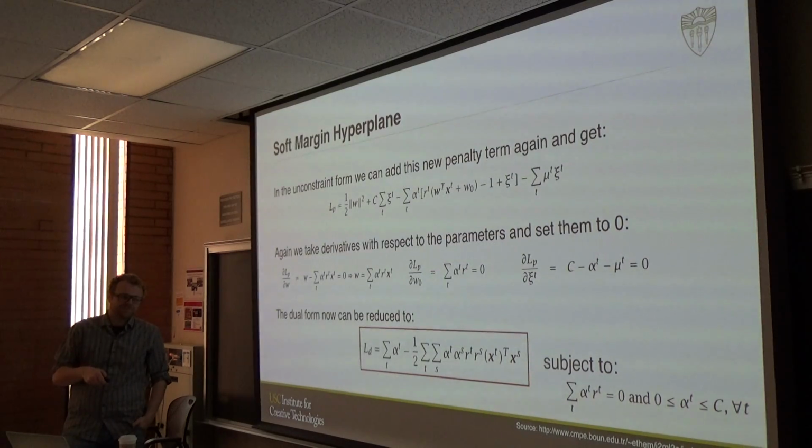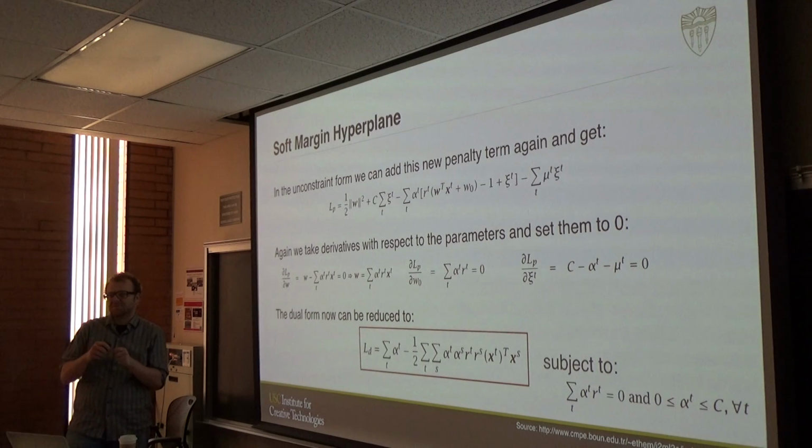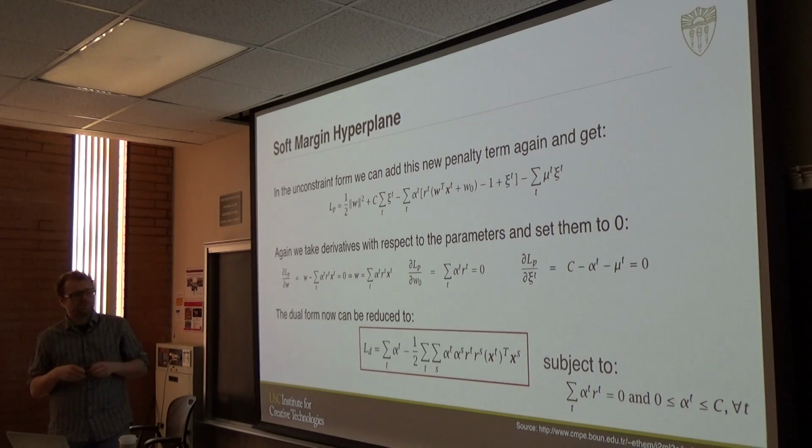The influence of certain points is restricted through the C. So if the C is very large, we can come up with a very complex combination of the input vectors, and basically allow them to be on any side of the margin or of the hyperplane.